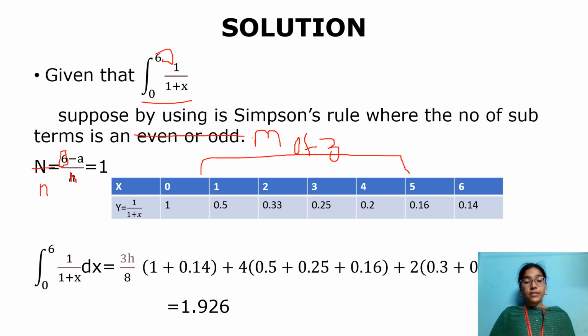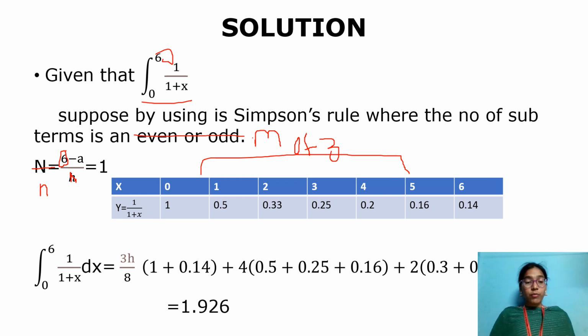We substitute 0 in the function and we get 1, and substituting 1 it becomes 0.5. Substituting the x values, we get y equals 1 by 1 plus 2 equals 0.33, 1 by 1 plus 3 equals 0.25, 1 by 1 plus 4 equals 0.2, 1 by 1 plus 5 equals 0.16, and 1 by 1 plus 6 equals 0.14.